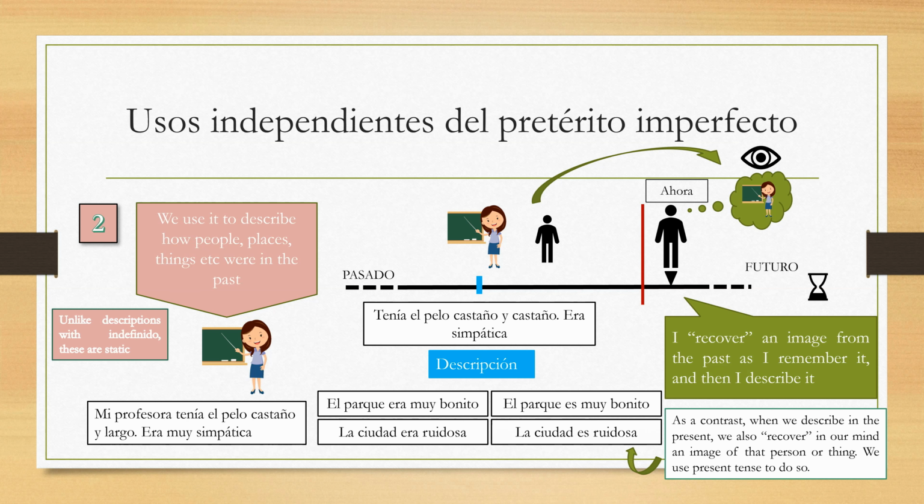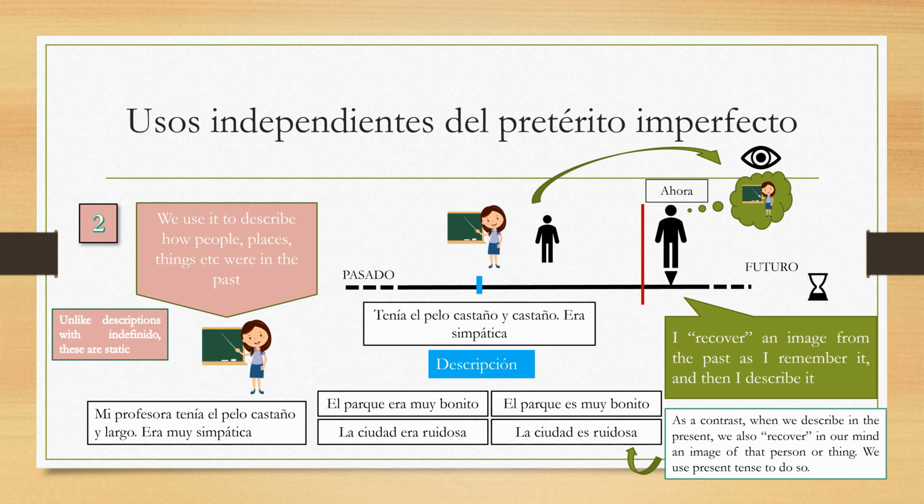Why were descriptions with indefinido not static? If you remember, we can describe how the whole process was. When I want to say the trip was fun, I will say el viaje fue divertido. That's using indefinido because I'm considering an action that finished.